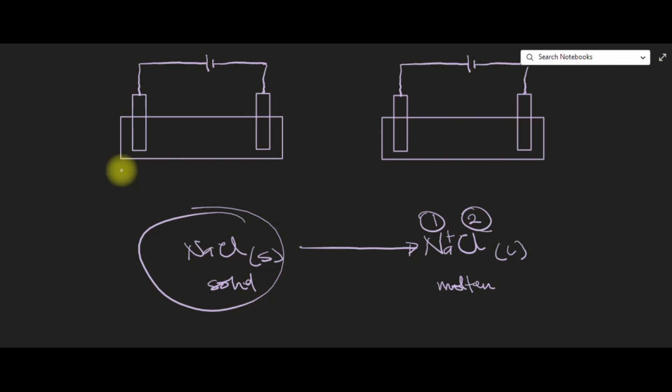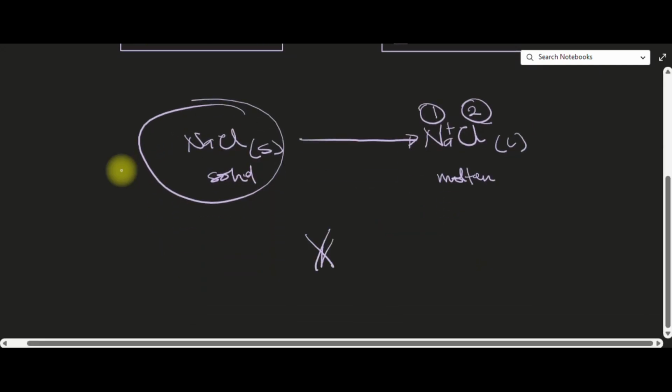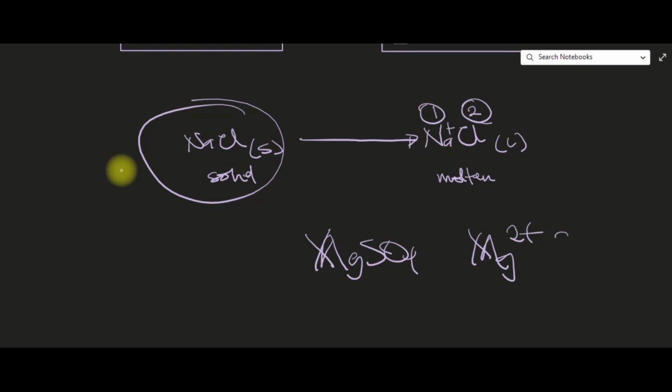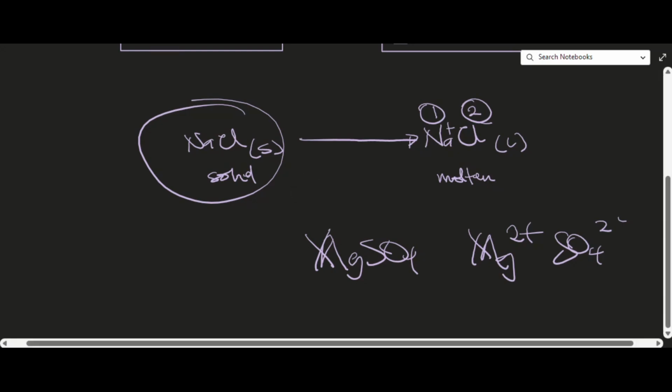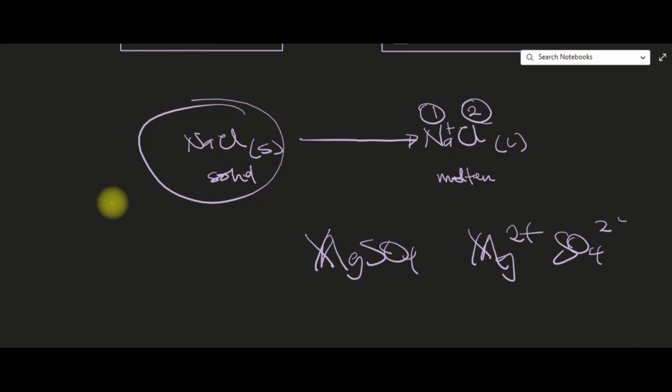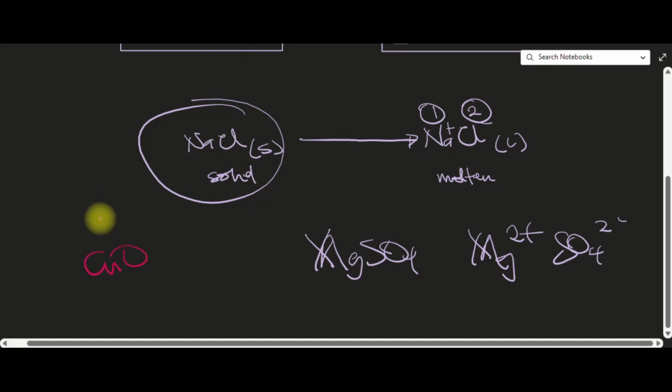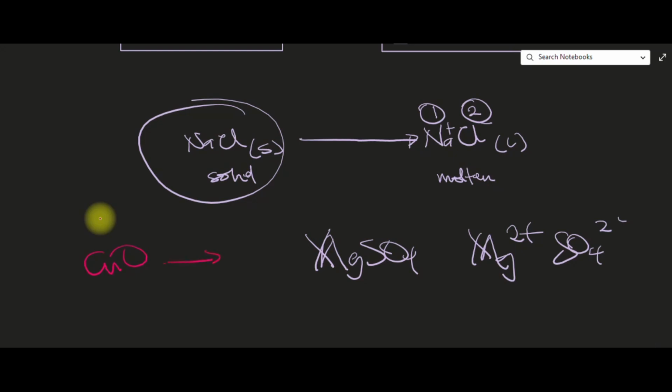That is, the ions that come from that solid. For example, if you melt magnesium sulfate, MgSO4, you're going to have Mg2+ and SO4 2- as your ions in the liquid. If you melt copper(II) oxide, CuO, you will have copper ions, Cu2+, and O2-.